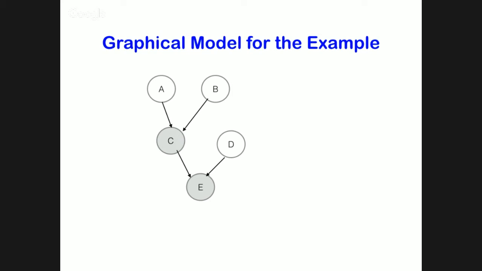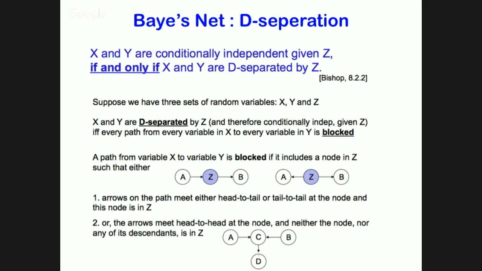We'll also see how, knowing that these two variables are observed, we can make certain other inferences from the Bayesian structure. For that, let's see what d-separation can tell us. So what does d-separation imply? Say we have three random variables x, y, z, and x and y are known to be conditionally independent of z. This will occur if and only if x and y are d-separated by z. What does that mean?